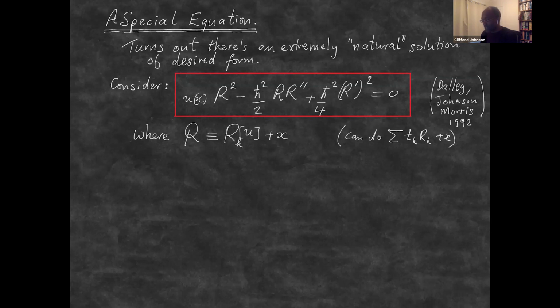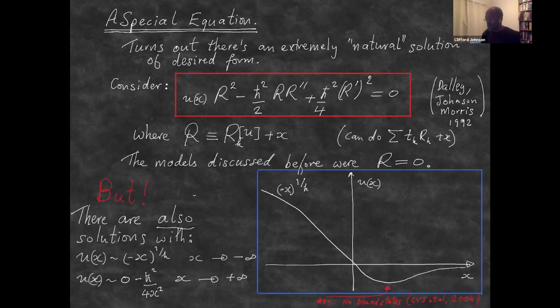If I set that R on its own to 0, that corresponds to the string equation that I was solving before for the Hermitian matrix model. But more generally, if you solve the equation in the red box, there are other kinds of solutions. They go like minus x to the 1 over k in the negative x region, so that matches on to what we had before.